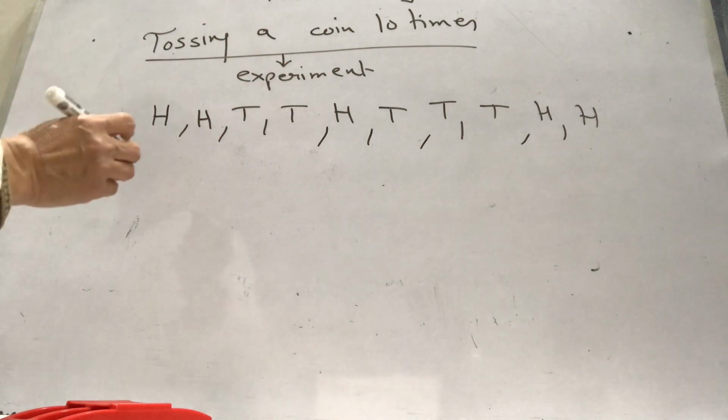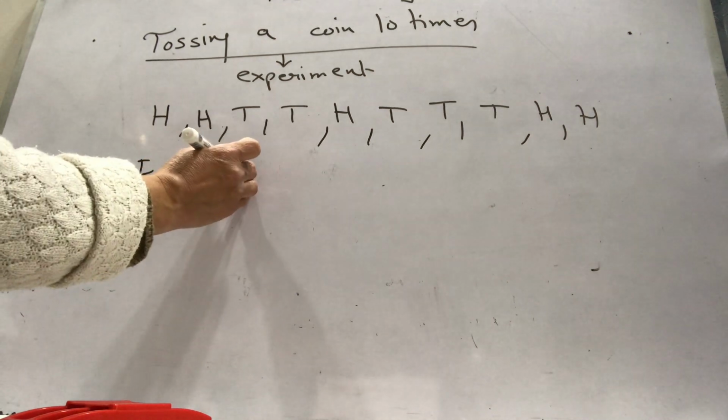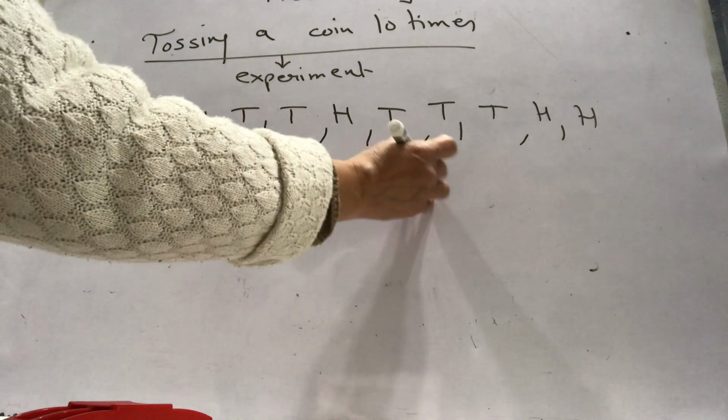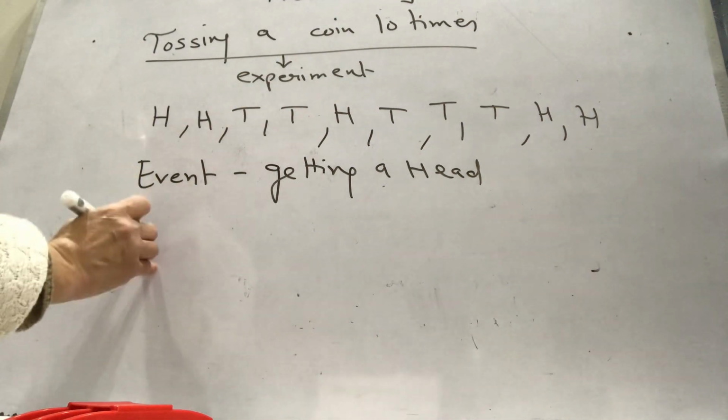Now my event is, that means I'll be successful if I get a head. Getting a head. So in case out of this, we want to find the probability.